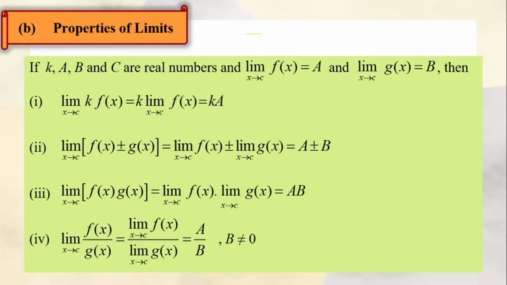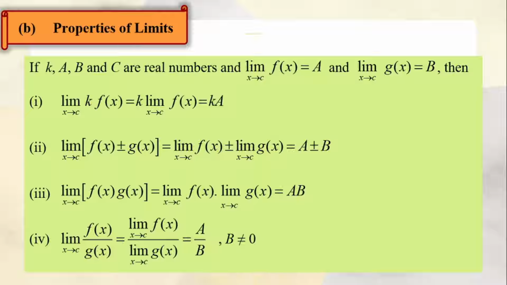Okay. We continue with the other properties of limits. If k, a, b, and c are real numbers and the limit of f(x) as x approaches c equals a and the limit of g(x) as x approaches c equals b, then the first rule is the constant multiple rule.